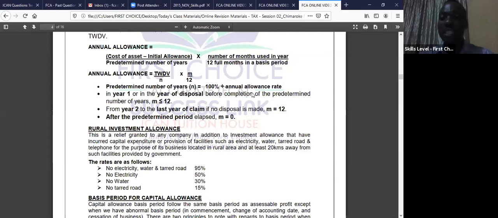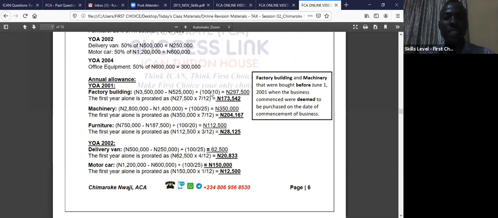You find that for the first year, factory building, this is the cost of the factory building. This is the initial allowance calculated before, right? Now, that is the numerator. The denominator, how many years? We say 100 divided by 10, the annual allowance rate, is 10 years.